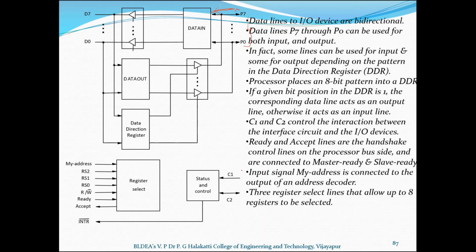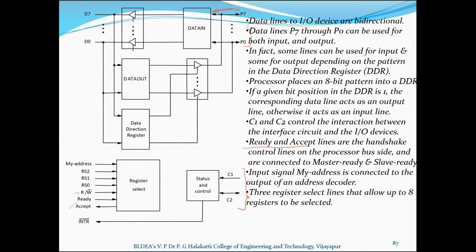Now, C1 and C2 control the interaction between the interface circuit and the input-output device. The ready and accept lines, which are here, are the handshake control lines on the processor bus side and are connected to master ready and slave ready.